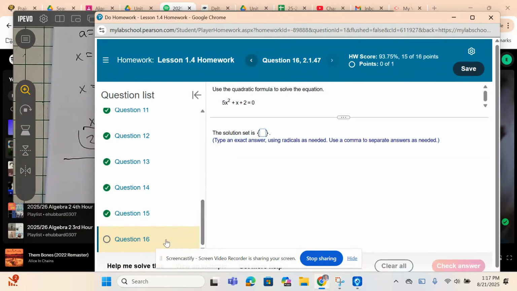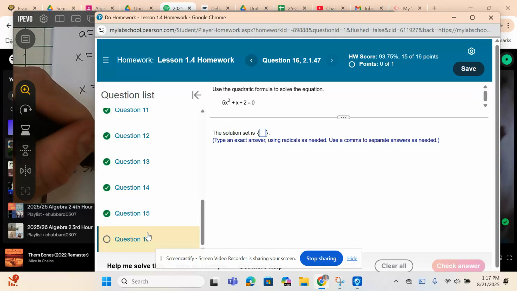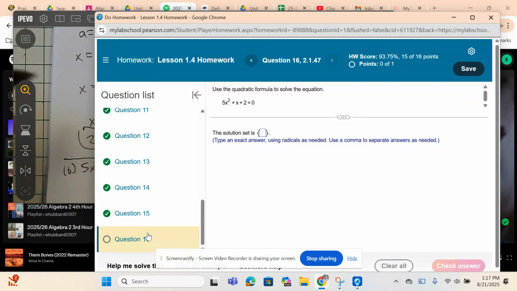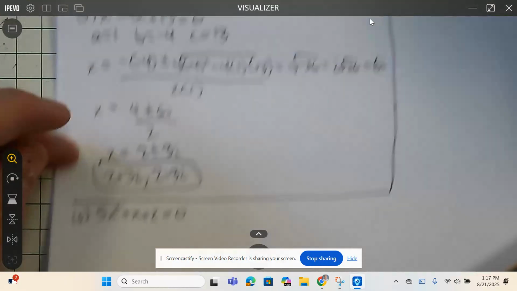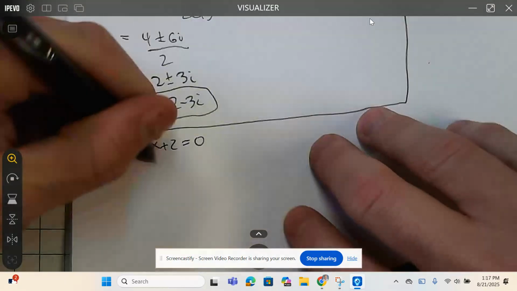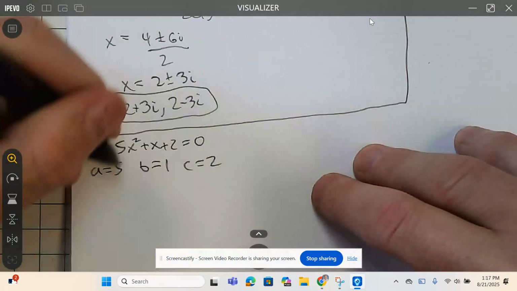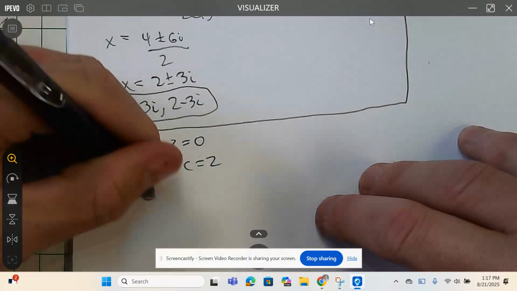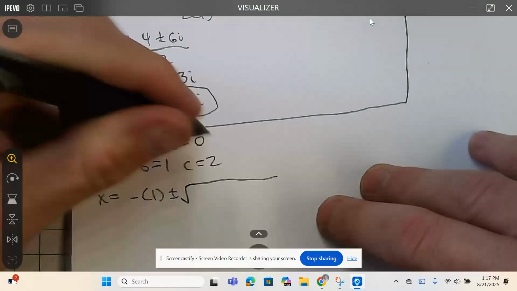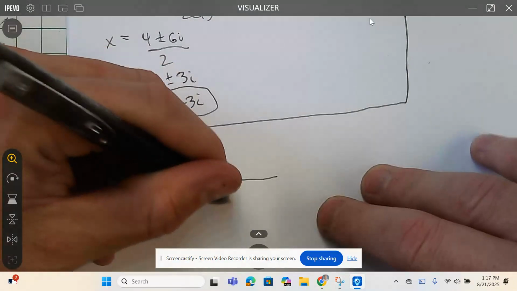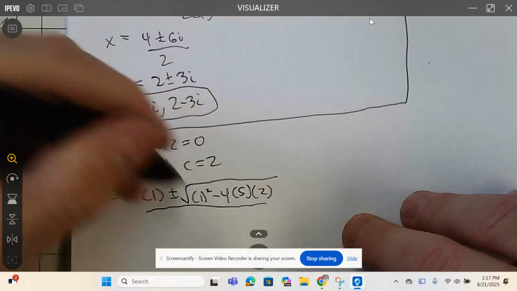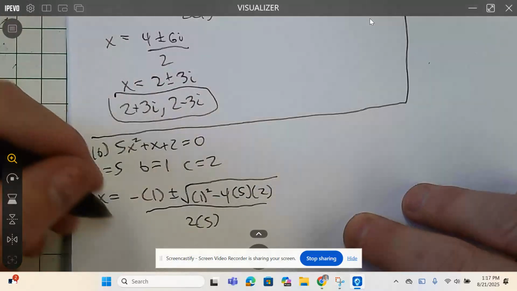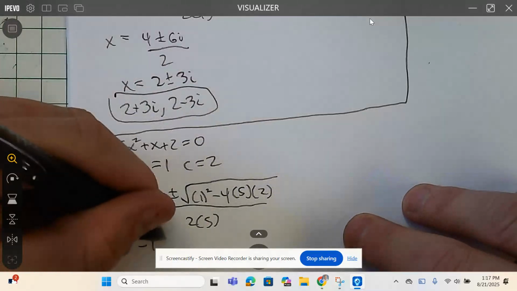All right, one more. Use the quadratic formula to solve the equation. So 5x squared plus x plus 2 equals 0. So a equals 5, b equals 1, c equals 2, x equals negative b plus or minus the square root of b squared minus 4ac all over 2a. So it'll be negative 1 there.